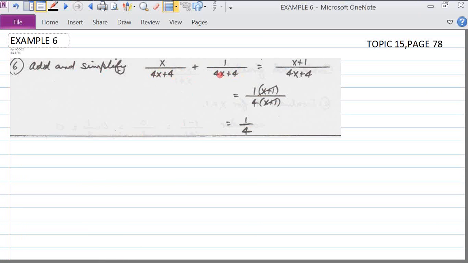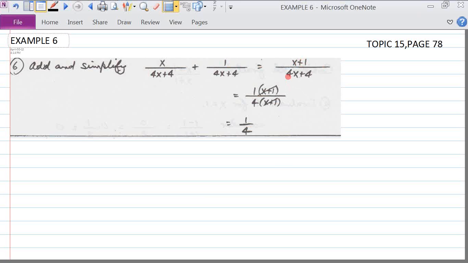Now you can see here that the denominators are the same. You've got 4x plus 4 and 4x plus 4. When the denominators are the same, you can make one denominator and add the numerators, so x plus 1.